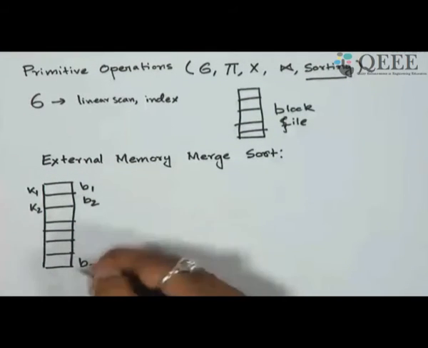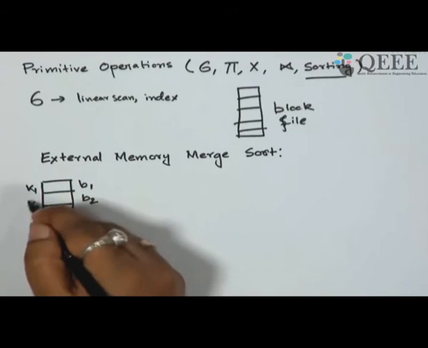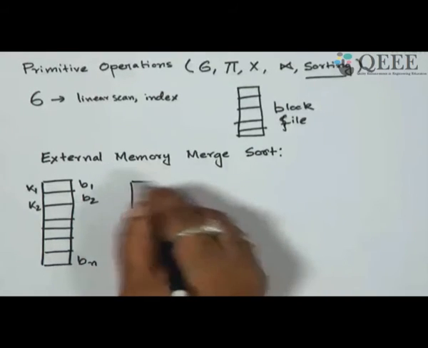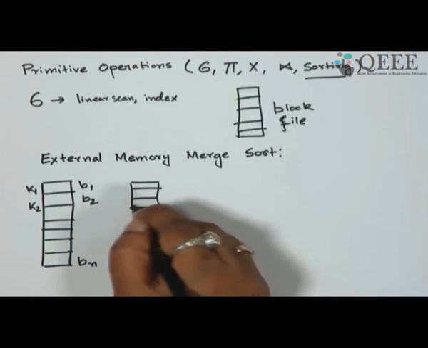I want to sort the file so that they are ascending or descending in terms of the key value. The problem is I have only a limited amount of memory which I can use to do this.